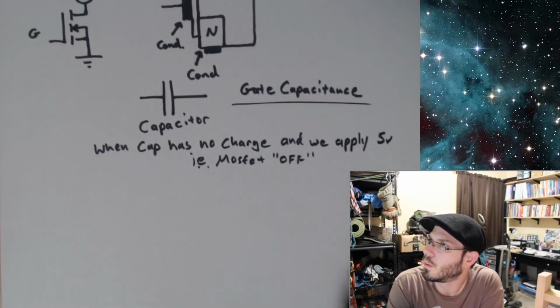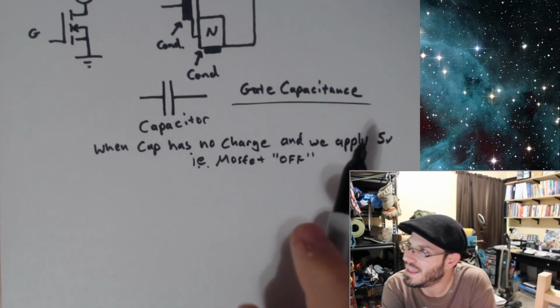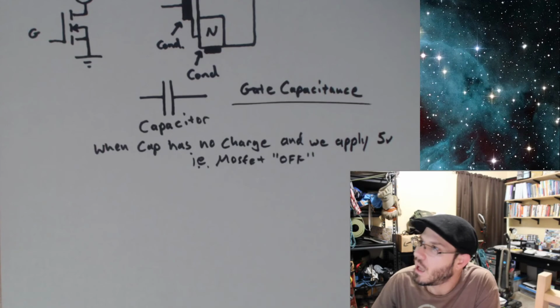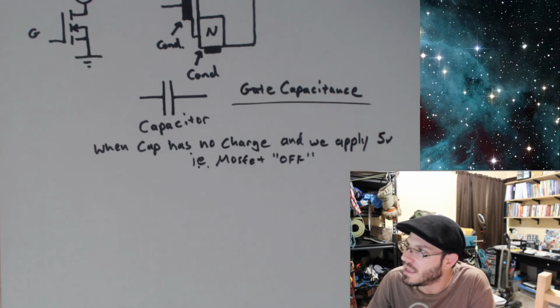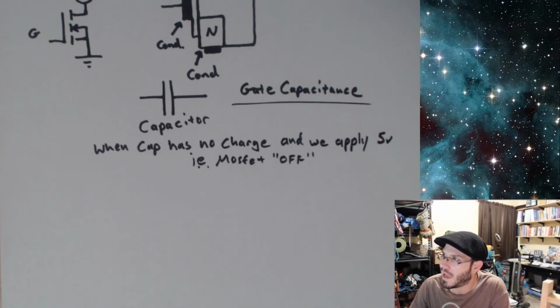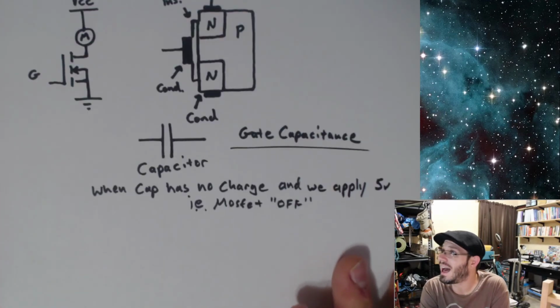Well, when a cap has no charge on it and then all of a sudden we apply a voltage to that gate or to a capacitor, it turns out it's going to draw a lot of current.